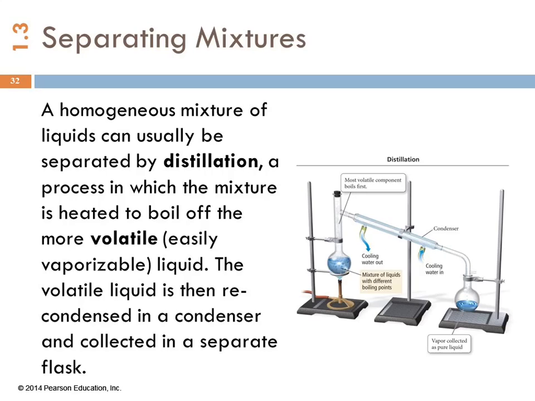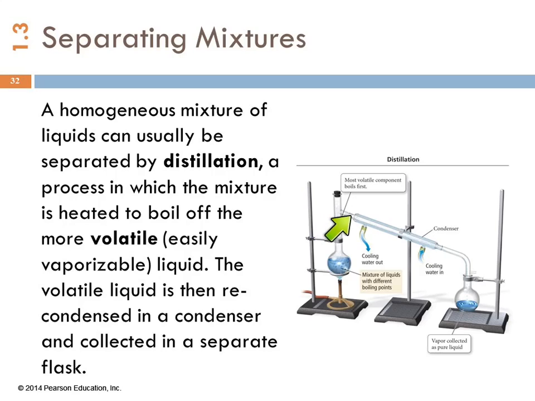A mixture of homogeneous liquids, more difficult to separate, but you can separate it by distillation based on differences in boiling points. So some things in the mixture are going to have higher boiling points and some are going to have lower boiling points. So you put your mixture in here and you heat it up, and the more volatile, the things that are easier to vaporize with the lower boiling points, they will go into the gas state first, and they're going to want to escape because that's what gases do.